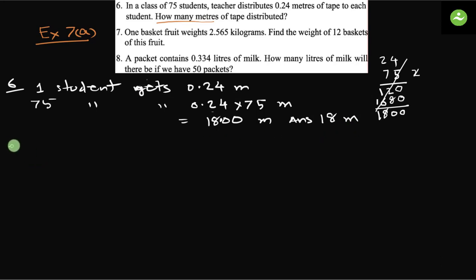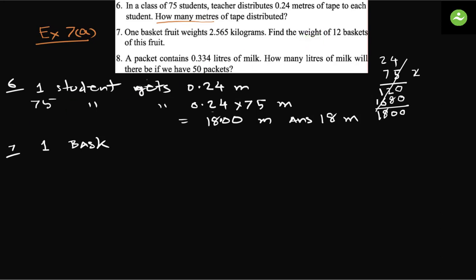Number 7. One basket of fruit weighs 2.565 kilogram. What is the weight of 12 baskets? Just like the unitary method, we see the question: find the weight.